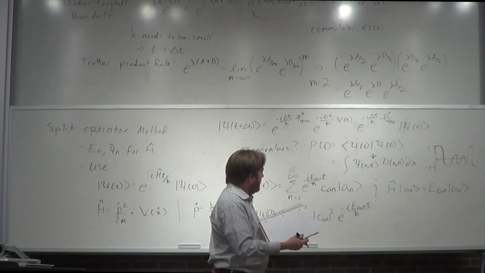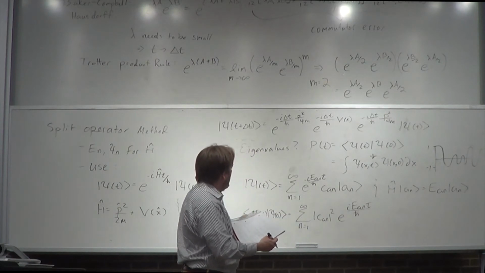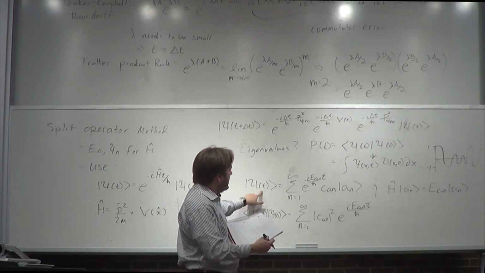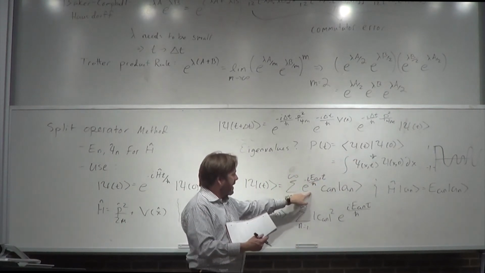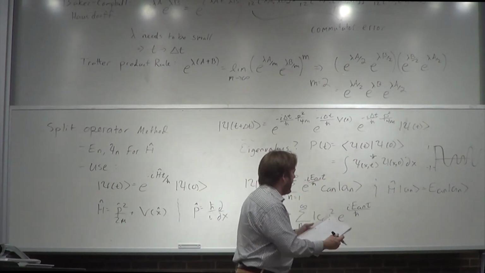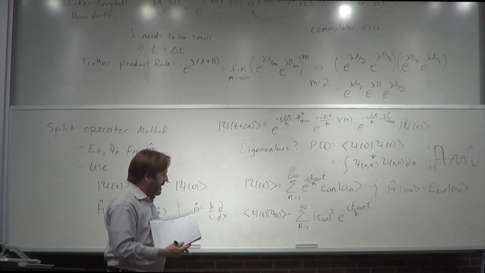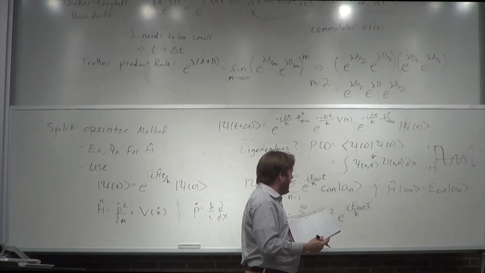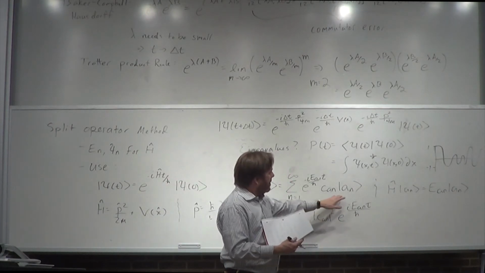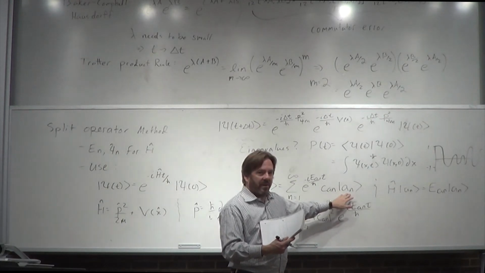Then this is actually positive. I may have made a mistake because if this is a bra, this is a bra, then that's positive. So yeah, I guess I made a slight mistake here. That's plus i. Anyway, I'll double check that. I'm not sure anymore, but it looks like this should be positive. Anyway.